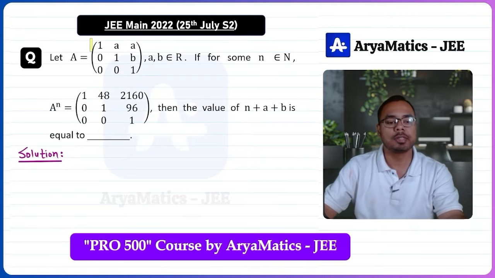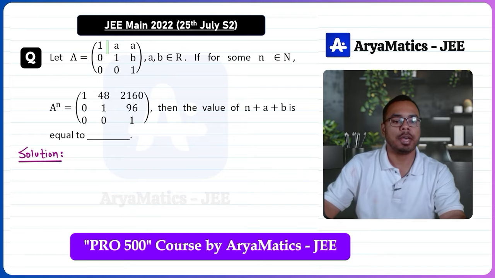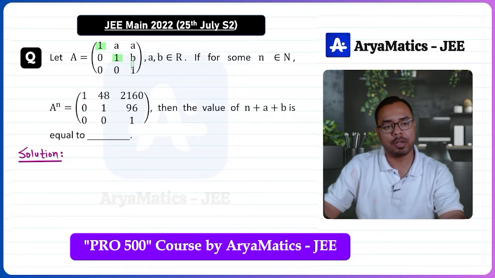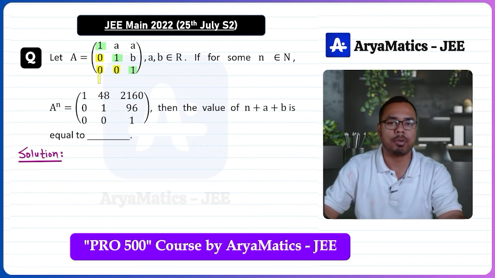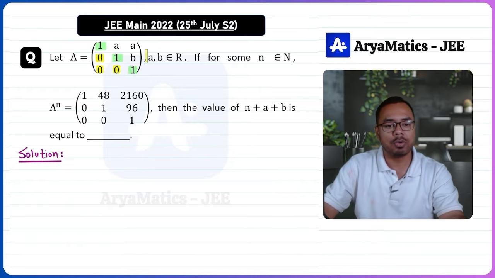We have this 3 cross 3 matrix A, and in this matrix A, on the diagonal we have 1, and the elements which are below the diagonal are 0. That means it is an upper triangular matrix, right? In an upper triangular matrix, the elements below the principal diagonal are 0, and there are two unknowns, a and b. The other three entries are a and b.